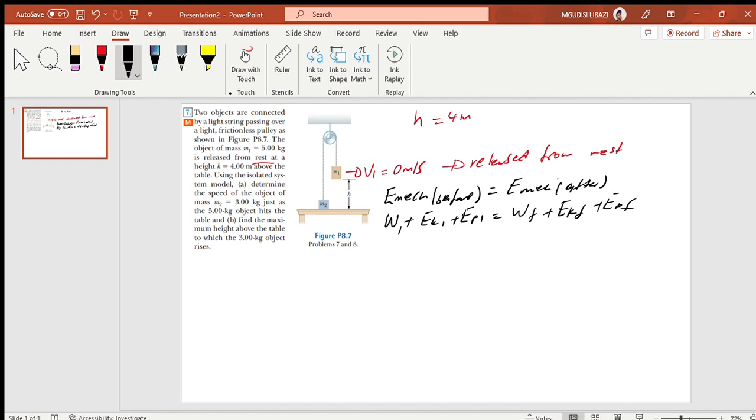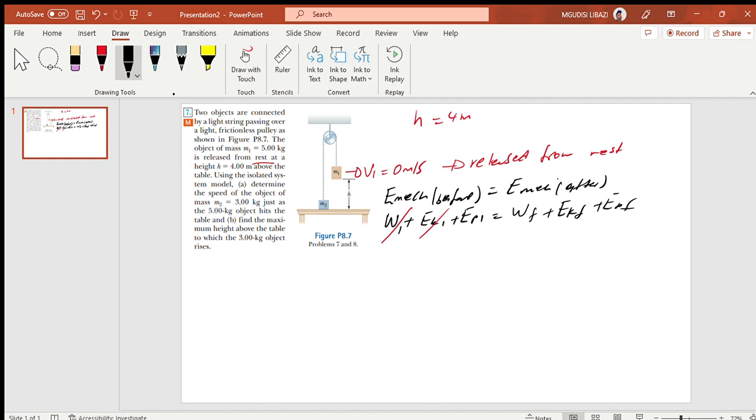So now we analyze our motion. Initially we didn't have any work done because there was no movement, and initially we do not have any kinetic energy because our system was at rest, but we do have potential energy for box m1 due to the fact that it is at a certain height h.